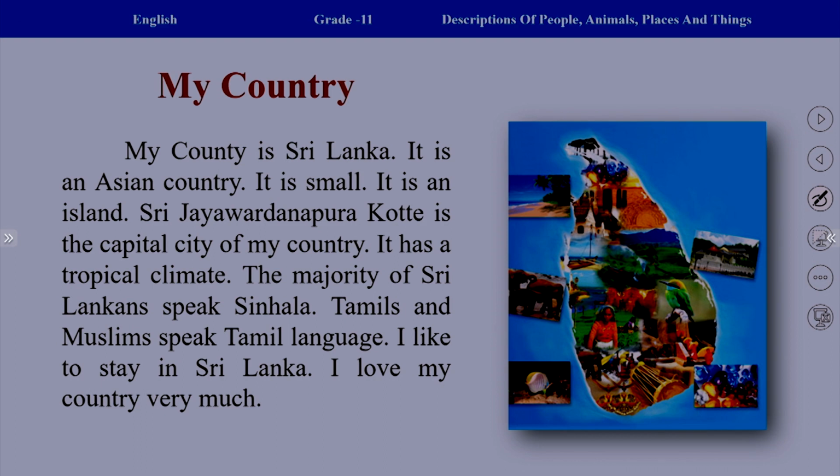It is an Asian country. It is small. It is an island. Sri Jayawardhanapura Kotte is the capital city of my country. It has a tropical climate. The majority of Sri Lankans speak Sinhala. Tamils and Muslims speak Tamil language. I like to stay in Sri Lanka. I love my country very much.